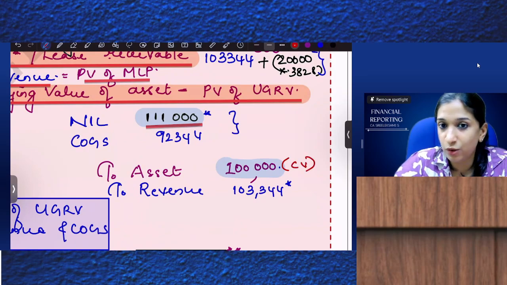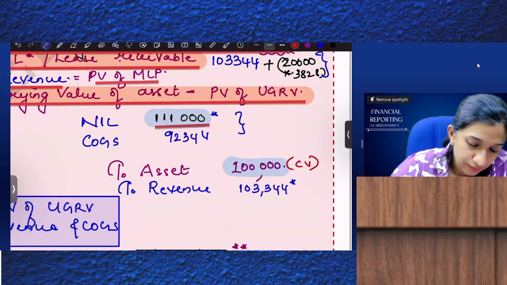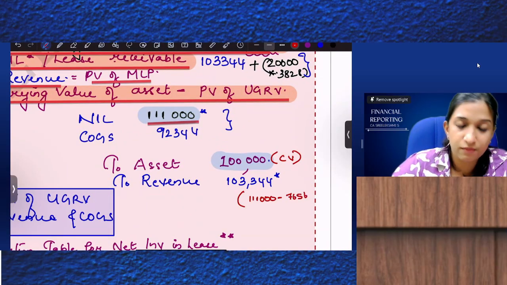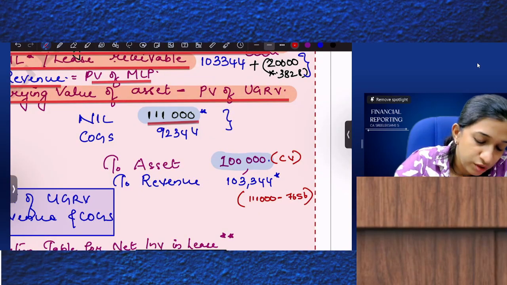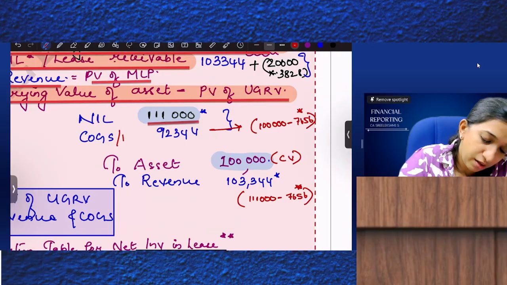So there is a gain of 11,000, but that's not the way you should write it. To revenue, that is 1,11,000 minus 7656. Cost of goods sold is carrying value of asset minus 7656, because 7656 is the present value of UGRV and cannot enter into P&L.